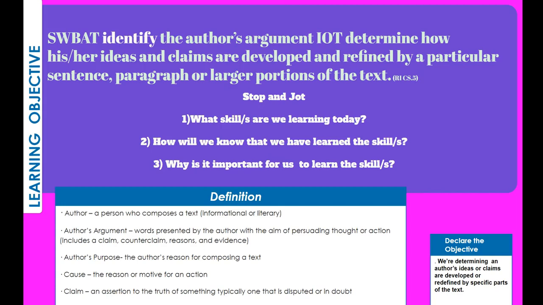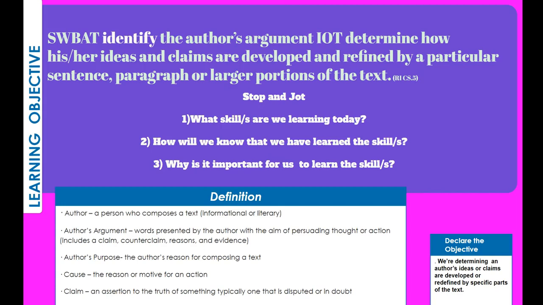When we're talking about developing, we're talking about the author providing details and support for their ideas. So when we go in, we're looking at the paragraphs, we're looking at the sentences. We may be looking at a whole section, and we want to make sure that these details support what they're saying, okay? If you don't know that, then you need to write that down.